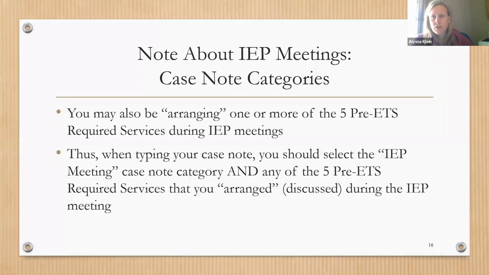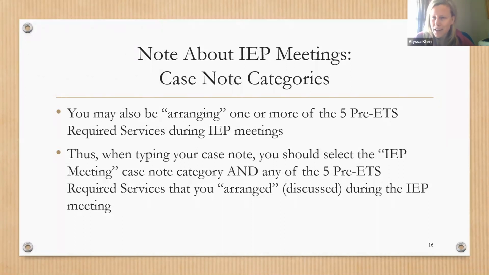And also as a side note, but it's really important because case note categories are how we let RSA know which services were provided to each student. So after you attend an IEP meeting, again, make sure that when you enter your case note, that you not only enter IEP meeting in the case note category, but also which of any of the 5 Pre-ETS required services you were providing or arranging for during that IEP meeting.